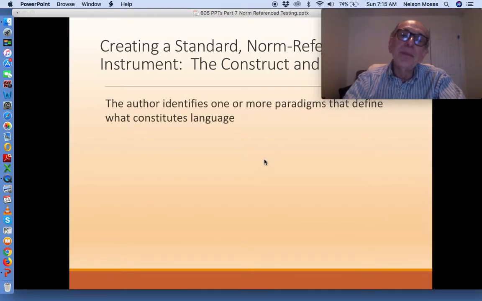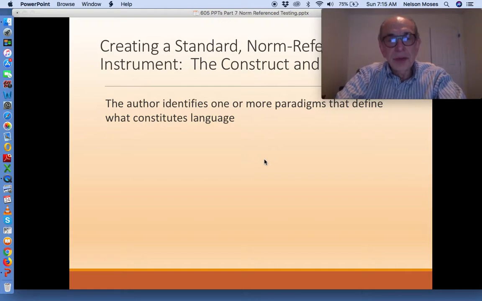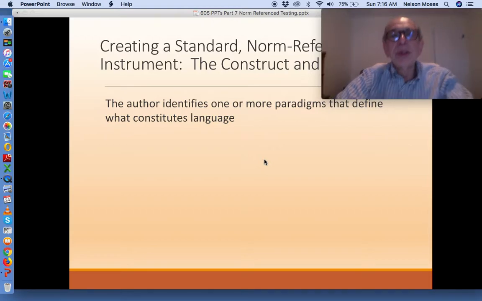And what does the author do in making that decision? Well, the author does what you and I do, as we discussed assessment in previous sessions. The author has to identify a paradigm or theoretical base that defines what constitutes language.